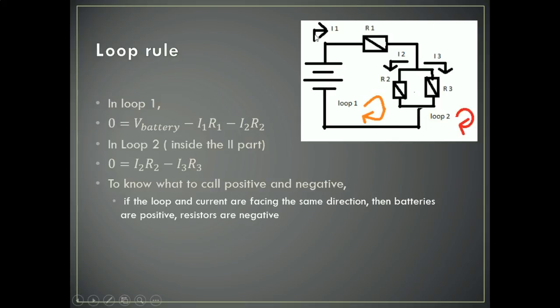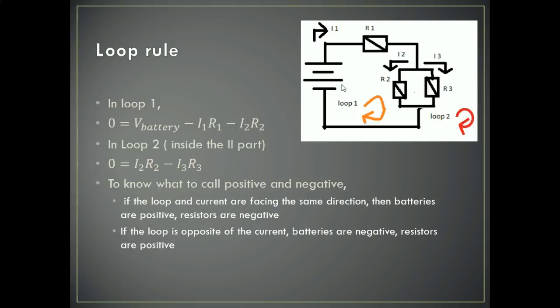So see, this arrow is going this way, and this loop, I'm going to measure it the same direction, then batteries are positive, resistors are negative. Then, if the loop is opposite of the current, then batteries are negative, resistors are positive.